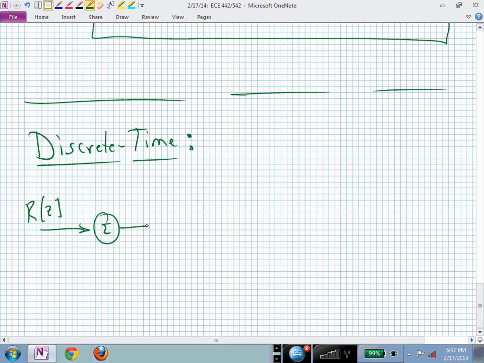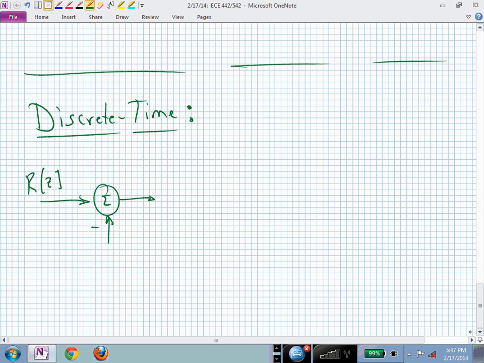We can then drive that, let's say that our output is also going to be discrete time, but we'll get there in a minute. That can now be processed directly with this discrete time controller, C of Z, but we may still have an analog plant.